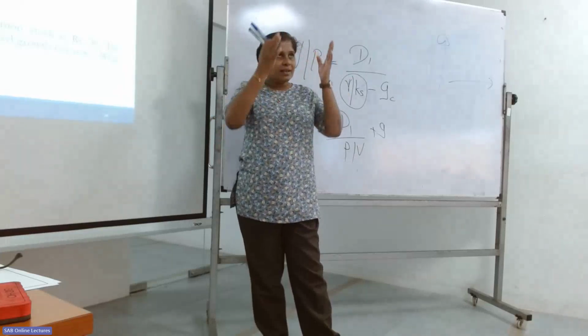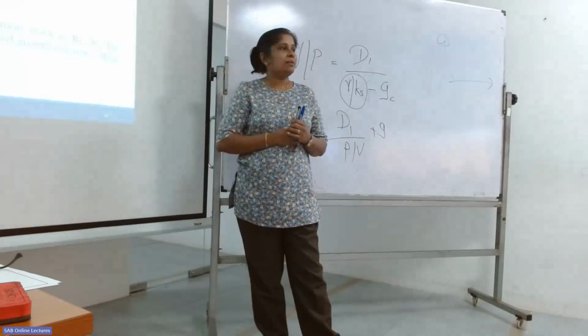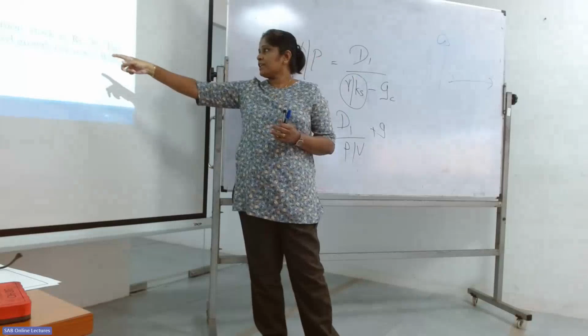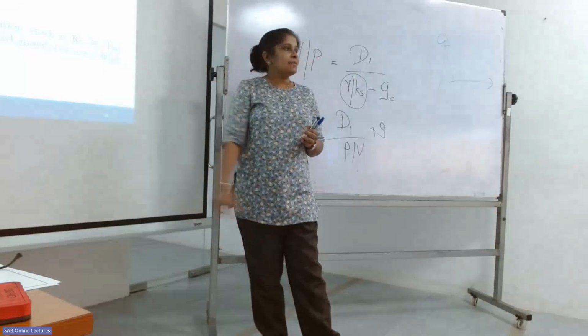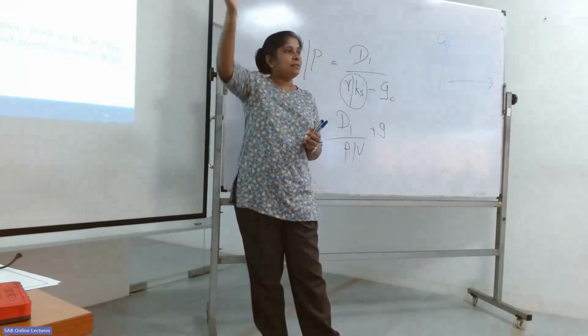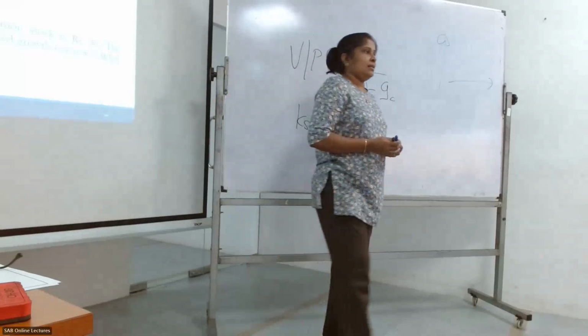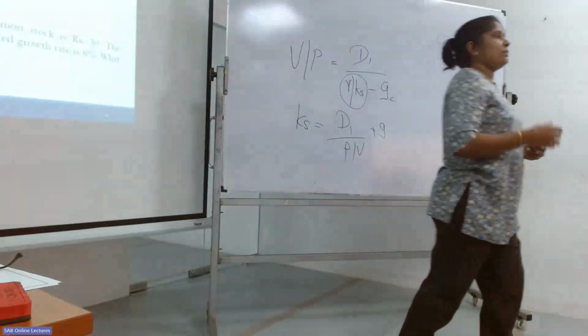Dividends are expected to grow at the rate of 8% for a future indefinite period. So then you want to estimate the cost of equity, the cost of internal equity.